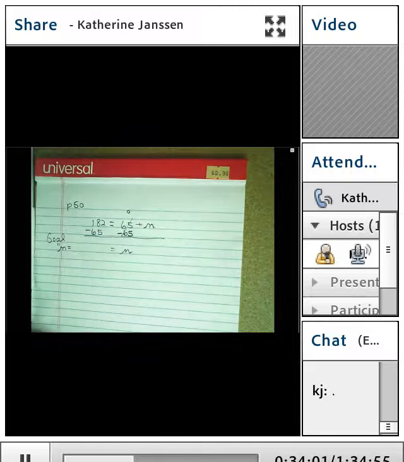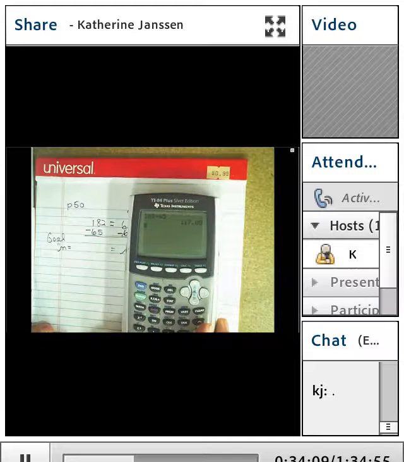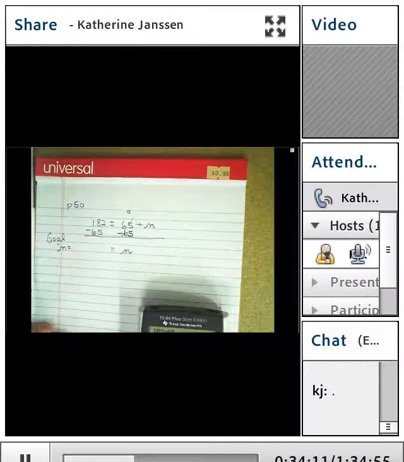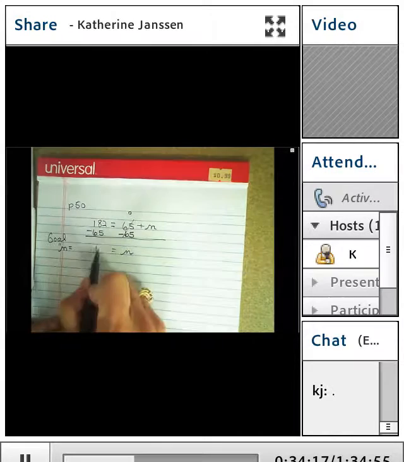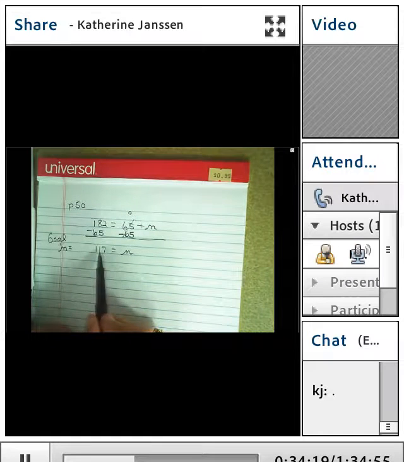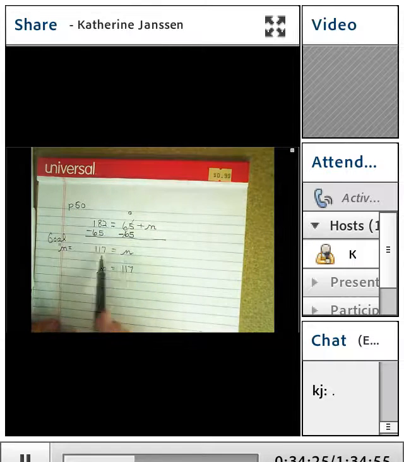And then on the other side of the equation, I need to tidy this up a little bit. 182 subtract 65 is 117. Now 117 equals n, or n equals 117. Both are the same.